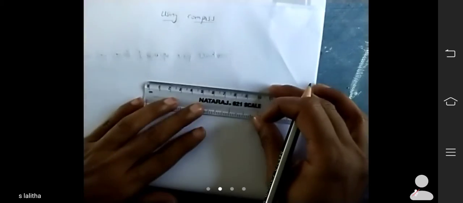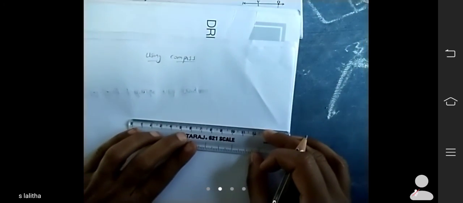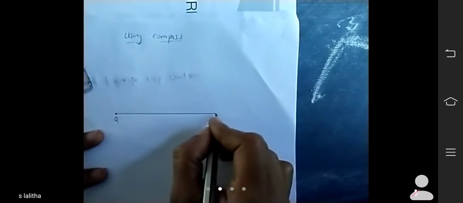So again, take the scale. Draw a ray. Any measurement you have to take. Draw a ray. I am keeping here Q. And next, take the compass. So take the compass, keep it on Q. Take any radius as you like.